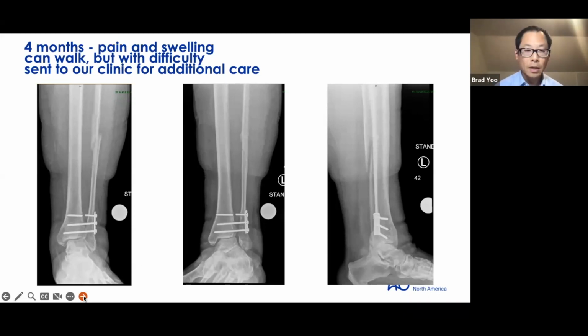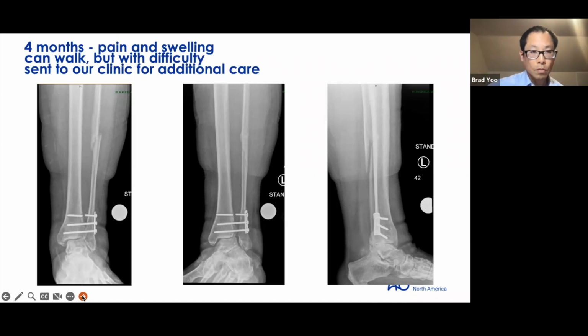Does it matter if the CT is a weight-bearing CT? I don't have access to weight-bearing CT, so I don't know. Obviously I like weight-bearing X-rays, and I think weight-bearing CT would be very useful.